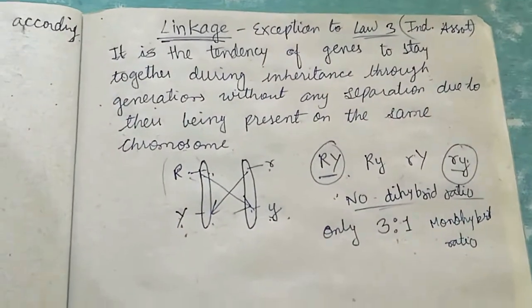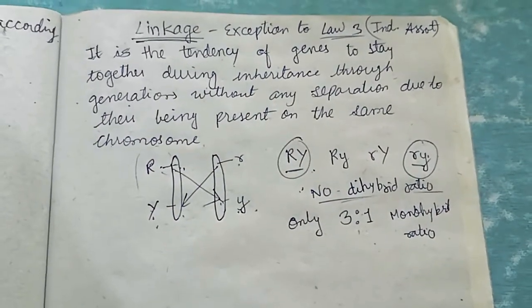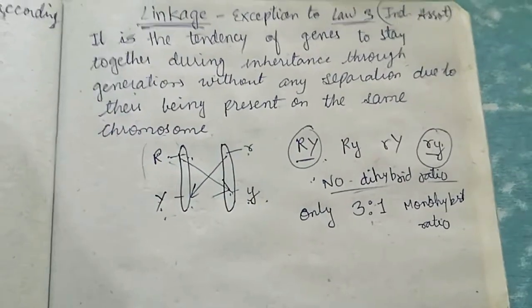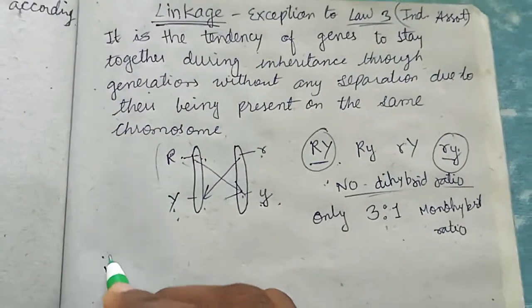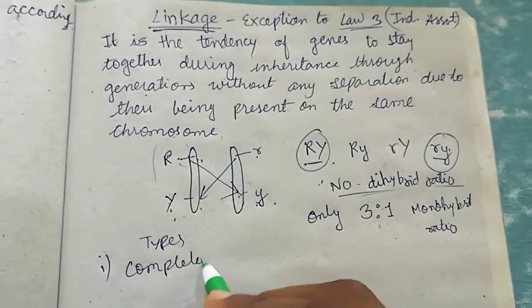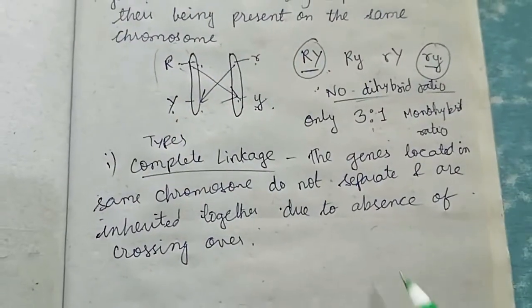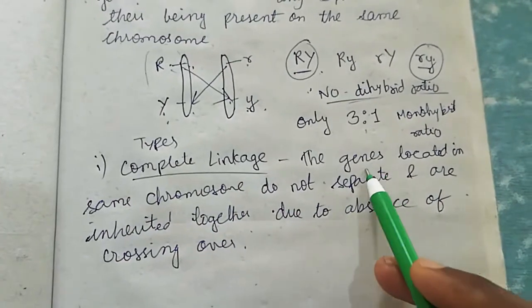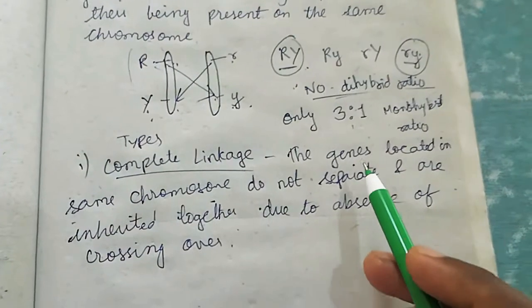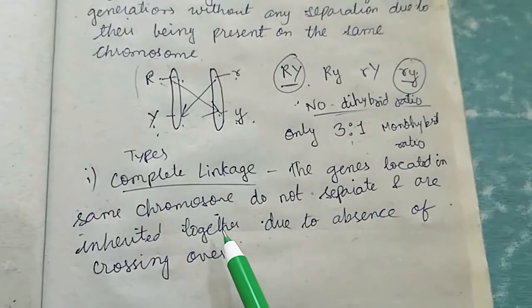Linkage is of two types: complete linkage and incomplete linkage. We will be doing this now. In complete linkage, the genes are located in the same chromosome, do not separate, and are inherited together.